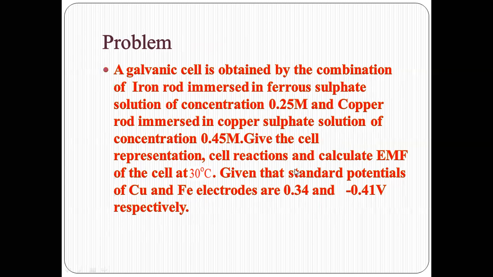For this type of problem, two different concentrations are given, so we have to move to the cell potential equation. The cell notation is Fe | Fe2+ || Cu2+ | Cu.